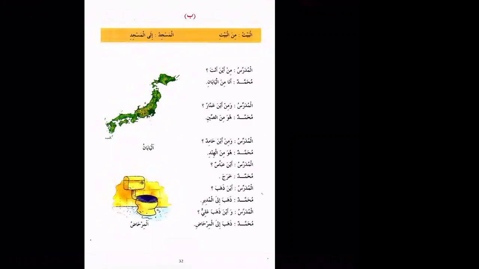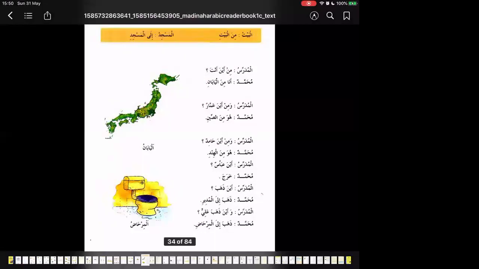So we mentioned fi and we mentioned ala, and now we're mentioning min and ila. So min means from, and ila means to. If everyone can go on mute, please. Let's see the background voices, please.